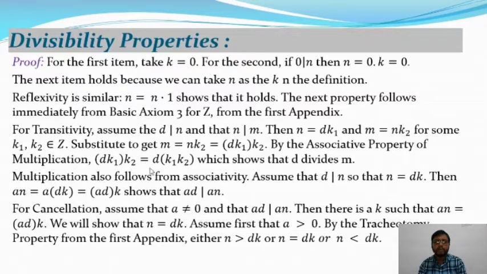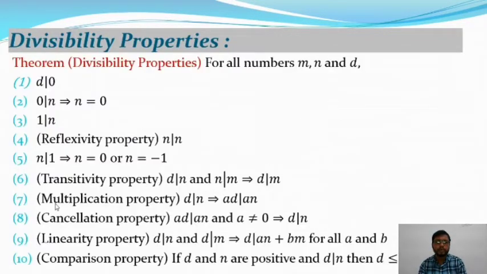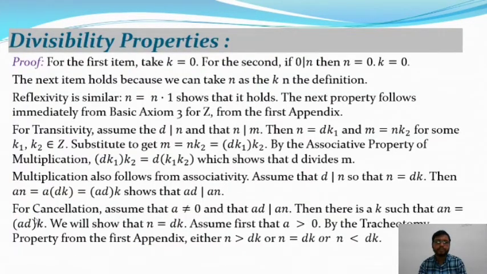Now move on to the next property, the cancellation property. That means ad divides n, and when a is not equal to 0, then from this we get d divides 10. This is called the cancellation property. Here is the proof of the cancellation property. Assume that a is not equal to 0 and that ad divides 10.